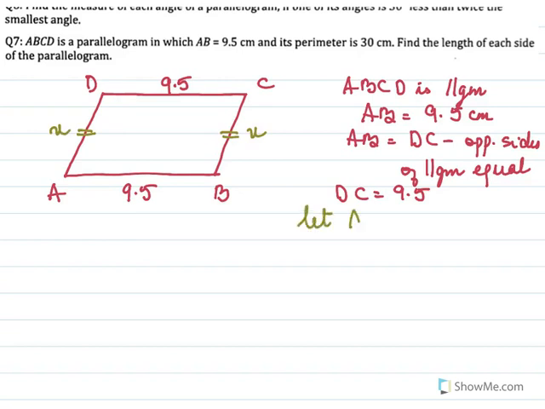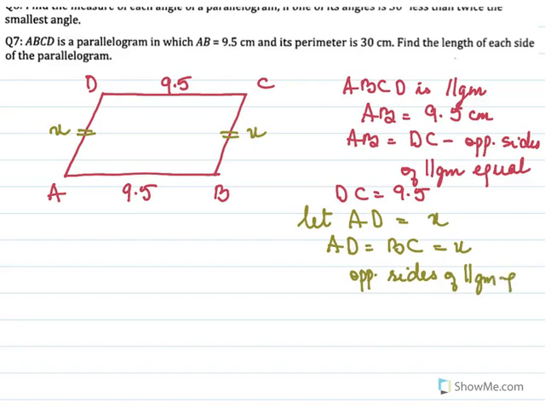So you'll say let AD be equal to X. AD equal to BC will also equal X. Again, opposite sides of a parallelogram are equal. Now for the third part we have the perimeter. The perimeter of ABCD in this case is 30 centimeters.